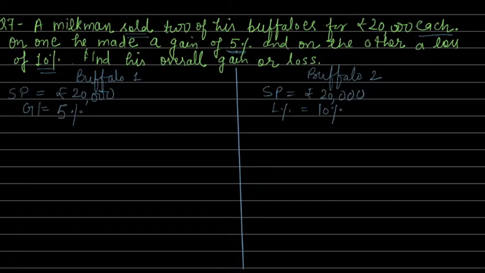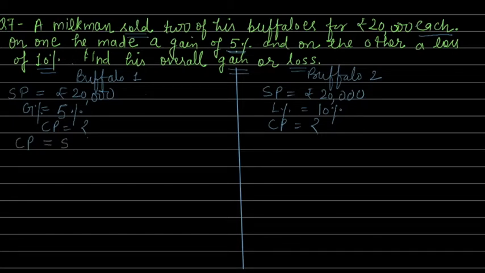Now we need to calculate the cost price, because we need to know total gain and total loss. For that we need to sum up. Total SP we already know is 40,000, this plus this. We need to calculate CP here and we need to calculate CP here. Then only you can compare gain and loss. So how will you calculate CP in terms of profit?